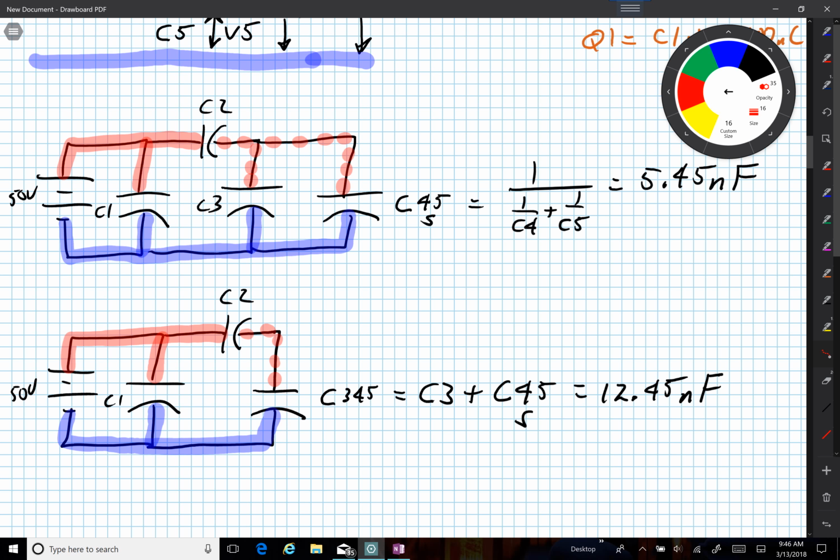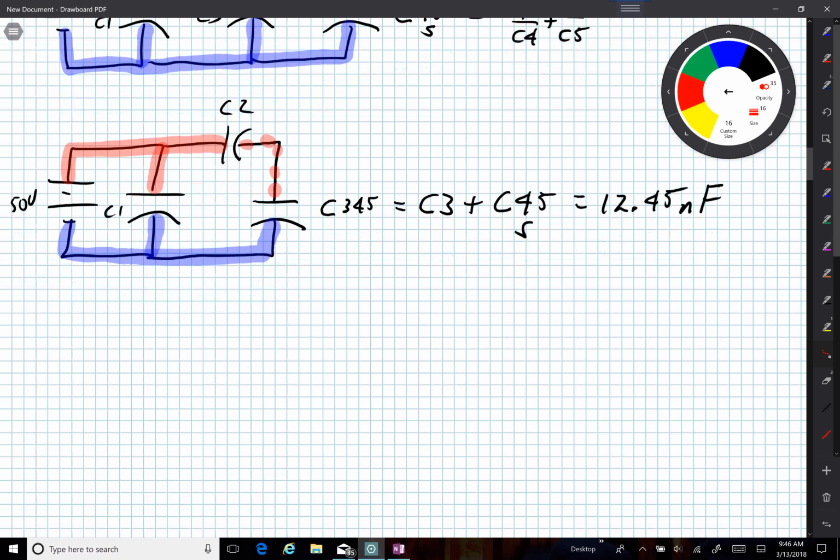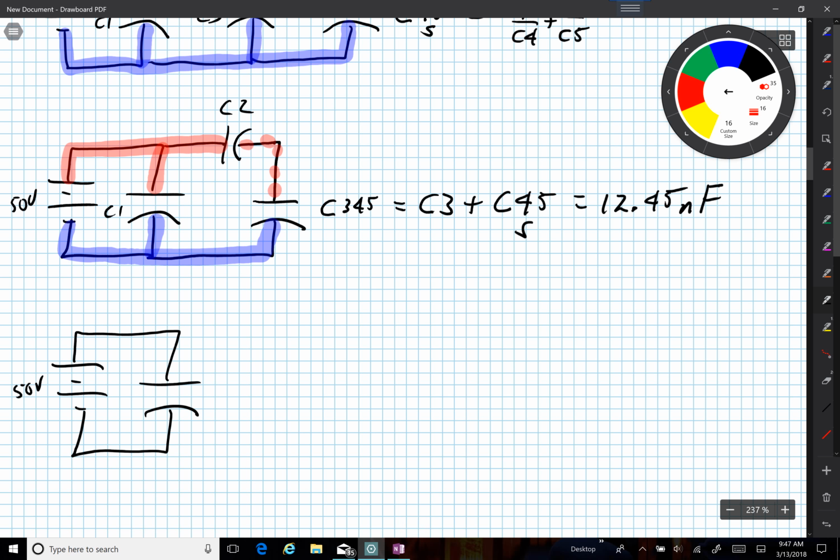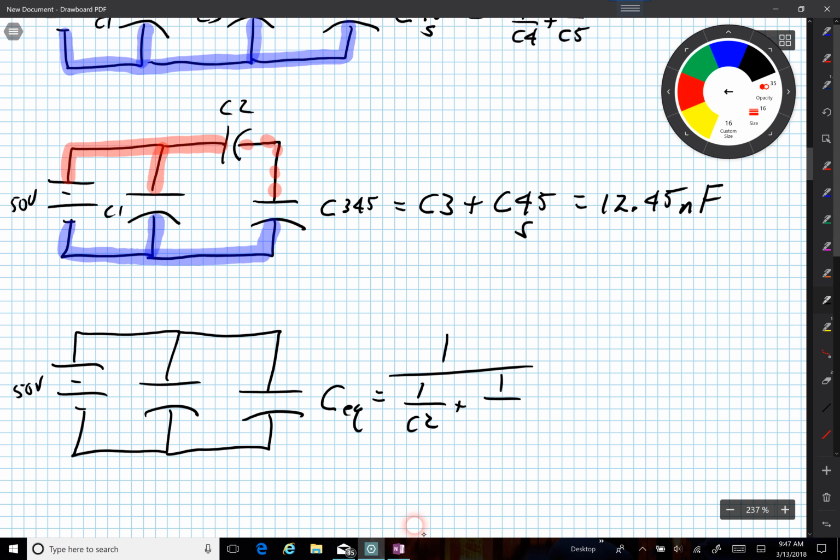Those two are now in series with each other, so I can combine them. 50 volts. This is C equivalent: 1 over C2 plus 1 over C3, 4, 5.